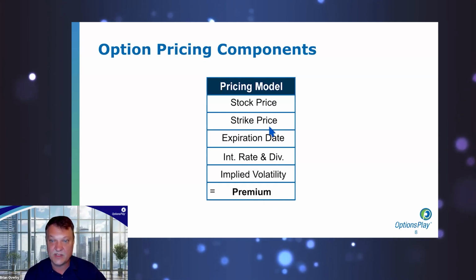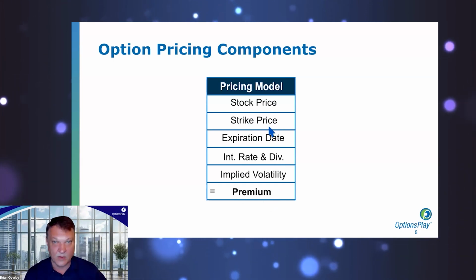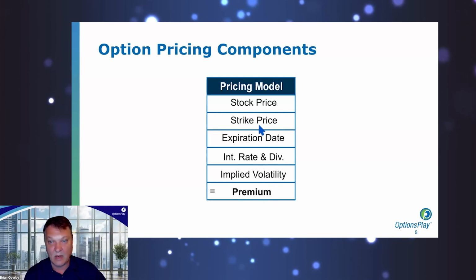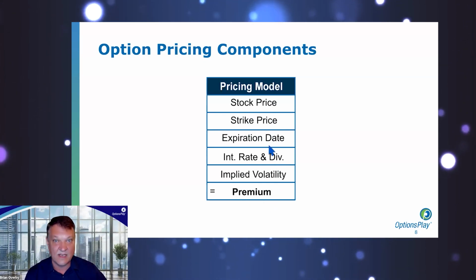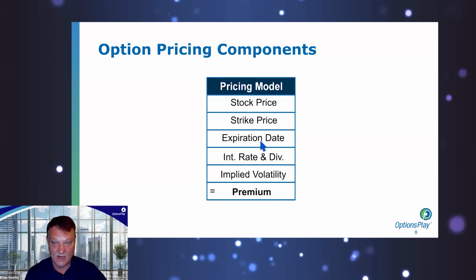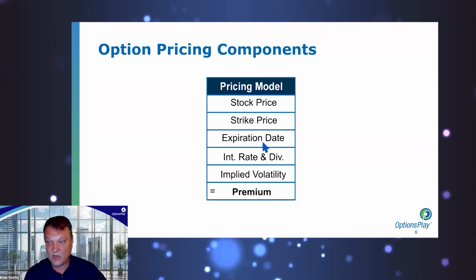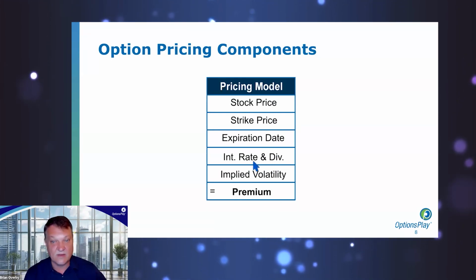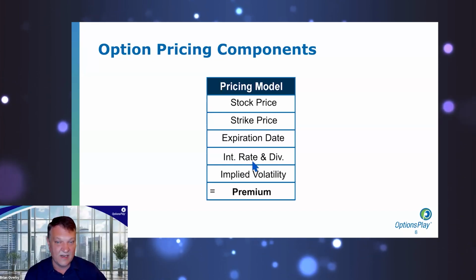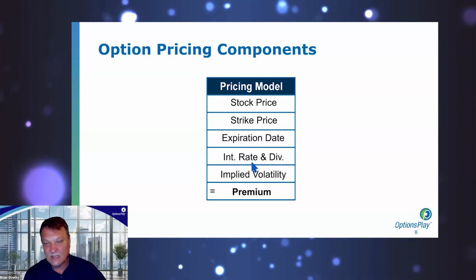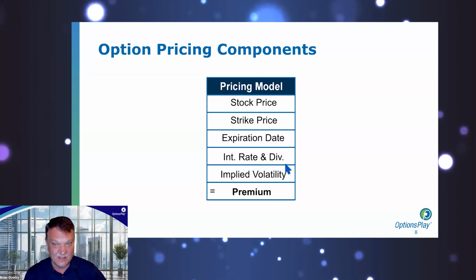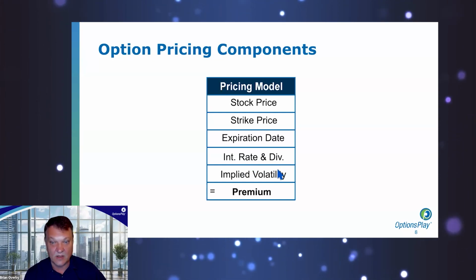I select which strike I want to buy or sell. For the expiration date, I can figure out the days to expiration. I might have to take my shoes off, but I can count backwards to that date. Then we have interest rates and dividends. The interest rate is the short-term money market rate, which is fairly easy to find, and we can also get the dividend yield.